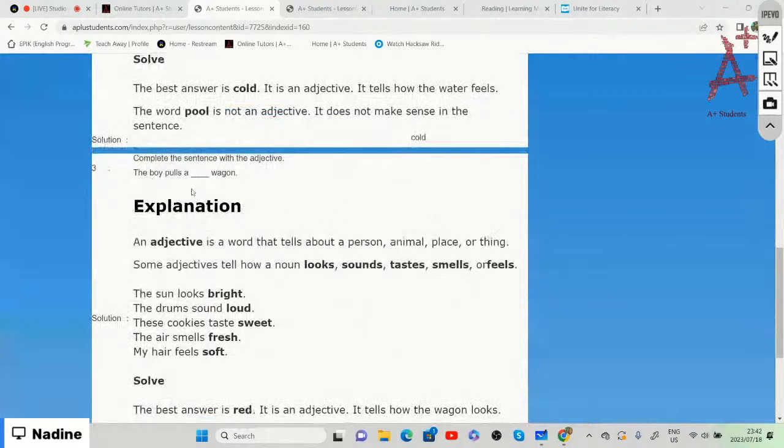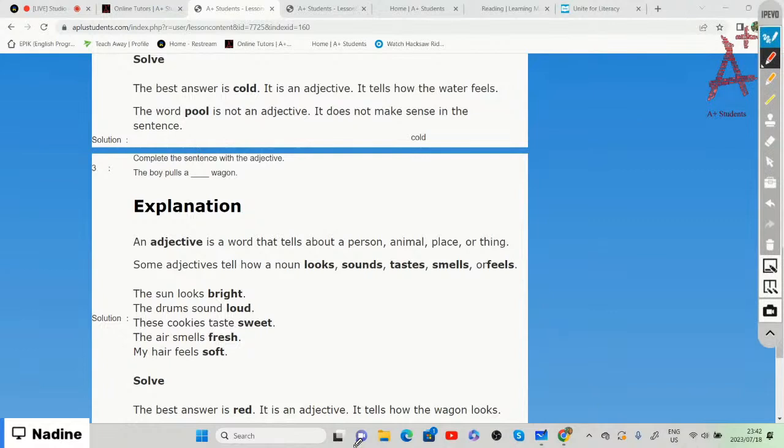The boy pulls a wagon, right? We can choose the best possible adjective to describe the wagon in color. It can be the red wagon, the blue wagon, a green wagon, or even the brown wagon, right?